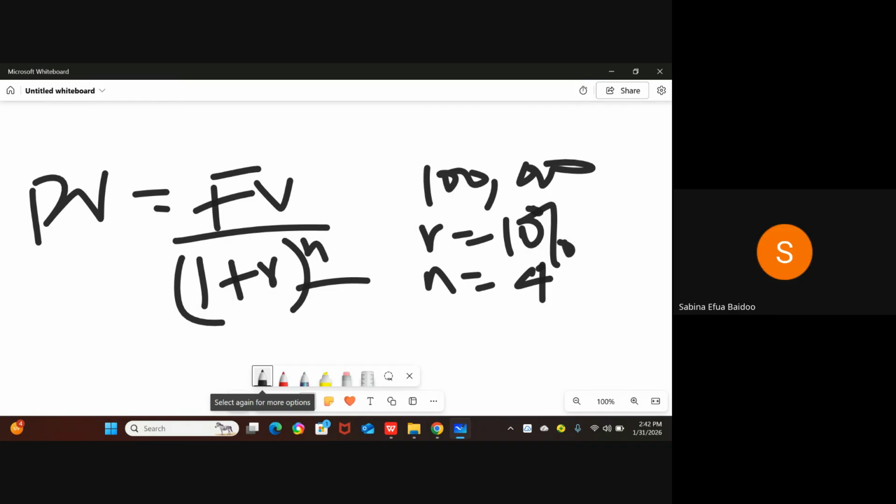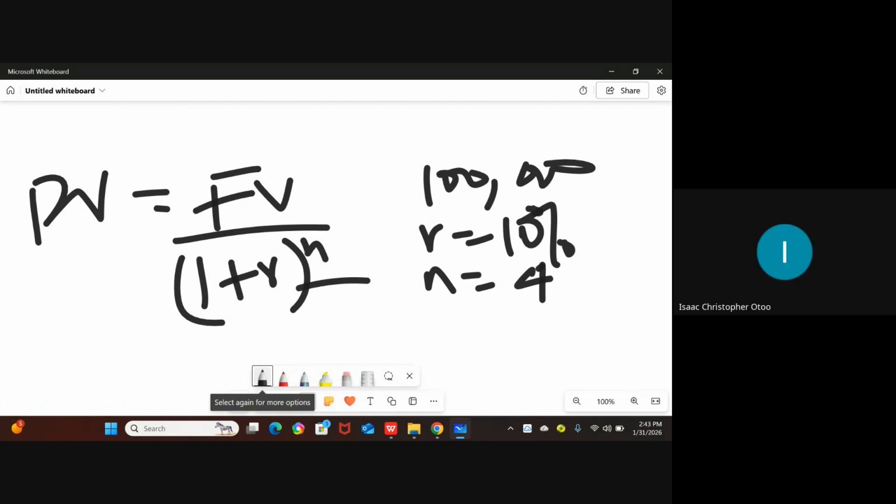So now we can substitute them in the formula. We consider the 100,000 a future amount because it will be received not today, but in the near future.